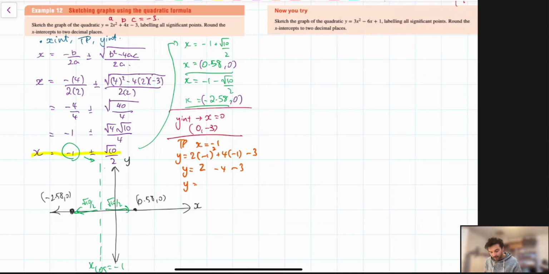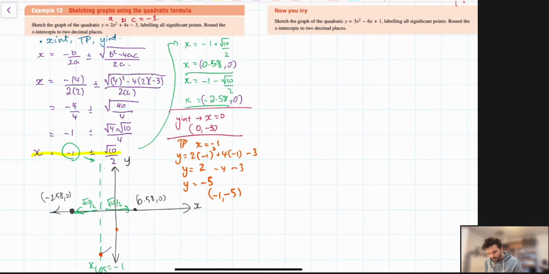Okay, and we can see that it comes out as negative 5. So we've got our coordinate negative 1, negative 5. I'm going to put that point down here. And we also had a y-intercept at 0, negative 3, so we can put that there as well. We should have enough information now to help us sketch.